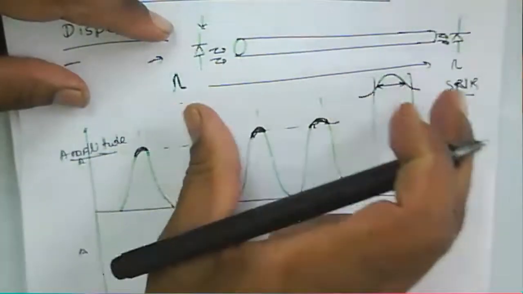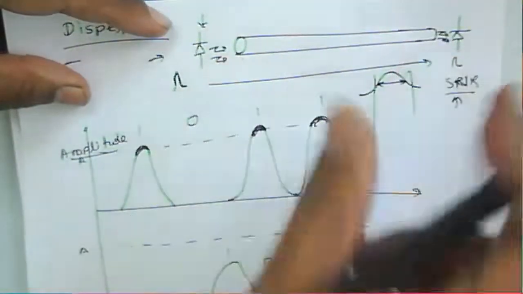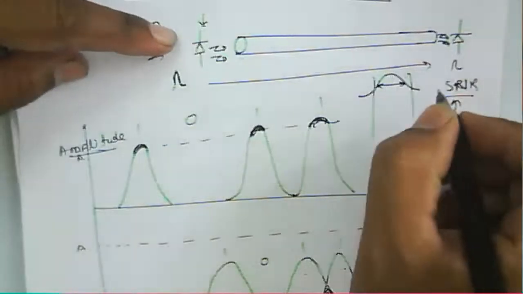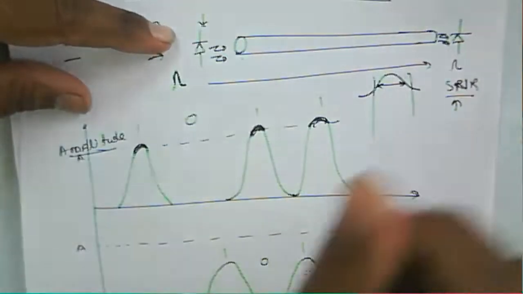So the operating bandwidth of a particular communication will be hampered here. So they have limitations for the respective bandwidth.